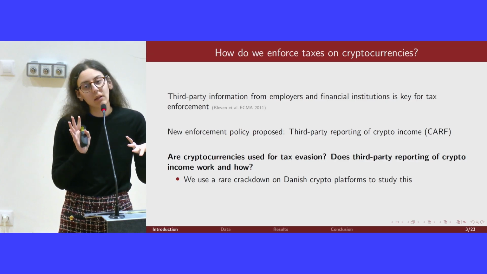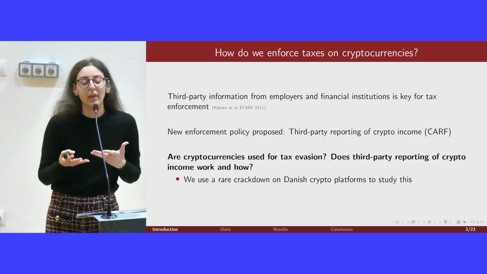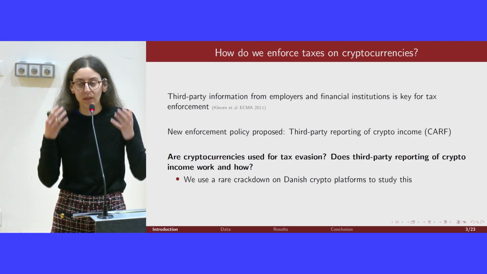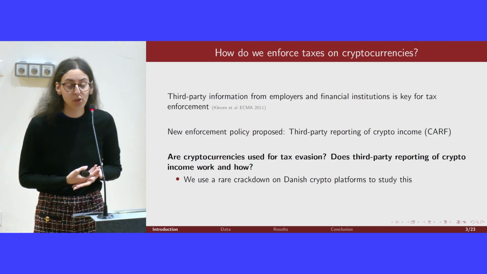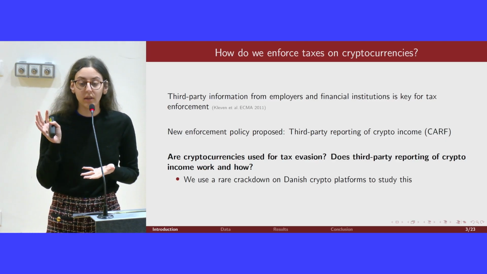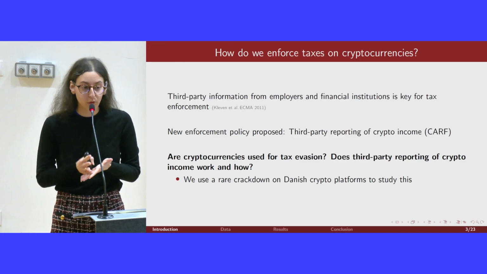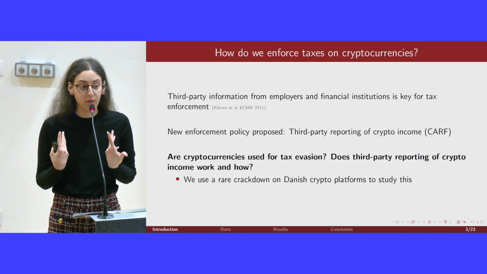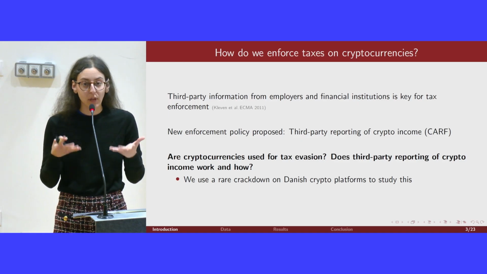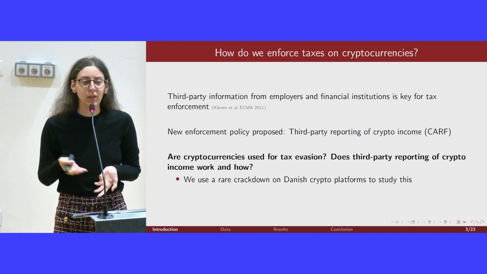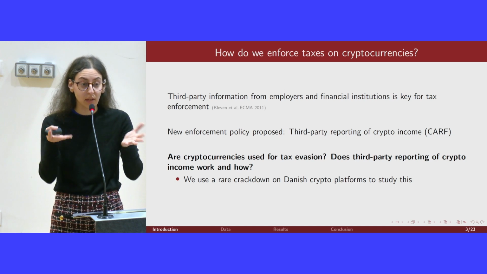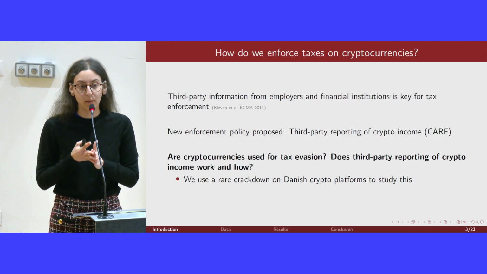So what do we do? There is a very interesting setup that arose in Denmark, which consists of the Danish tax administration forcing the domestic crypto platforms to send all of the information on investors. So now there is third-party information that arose in Denmark, only for domestic platforms.